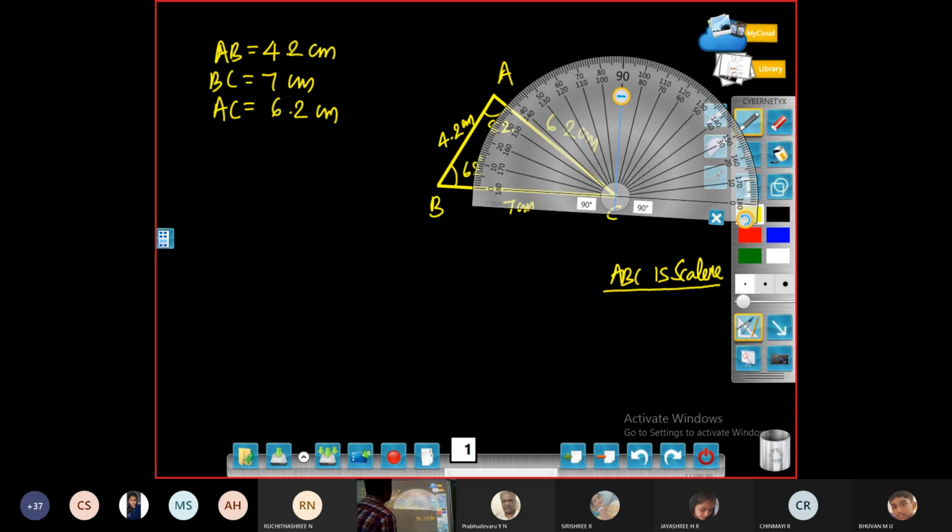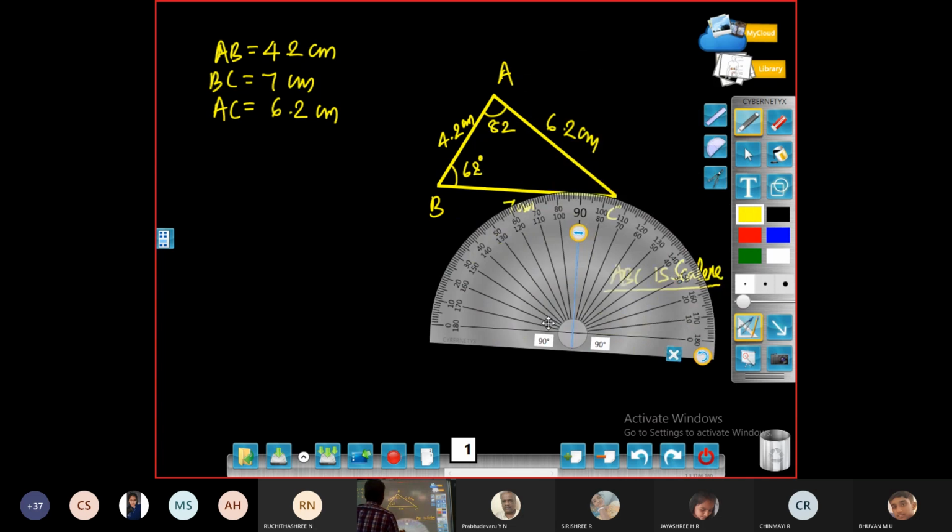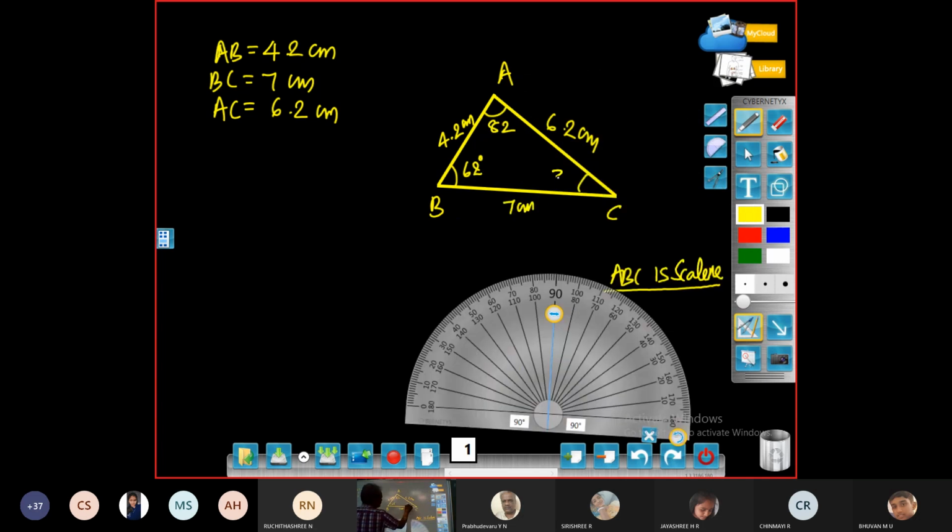It is measuring almost 36 degree. So you will write this as 36 degree. See, now we got angle A 82 degree, angle B 62 degree, and angle C 36 degree.